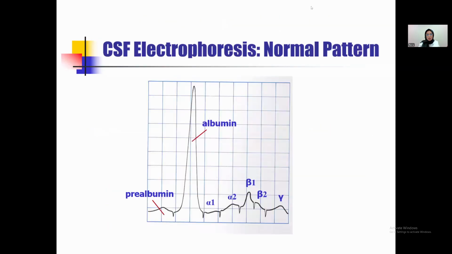This is just for your information, no need to study too much. This is postgraduate mainly. Electrophoresis is a technique to separate the types of protein, like prealbumin, albumin, alpha 1, alpha 2, beta 1, beta 2, and gamma. This is usually the normal diagram, the normal pattern.